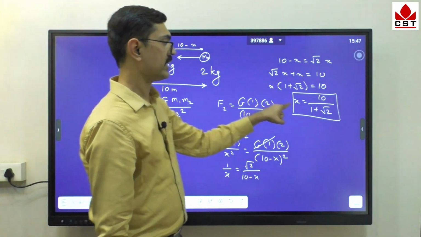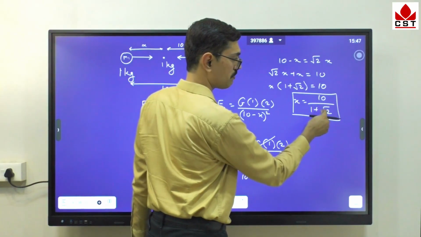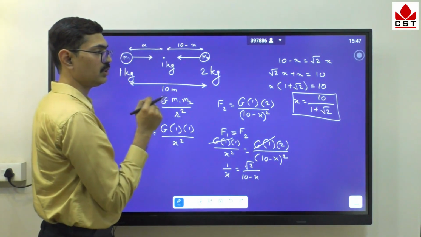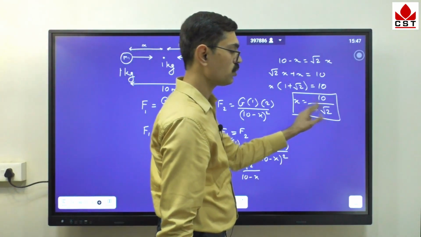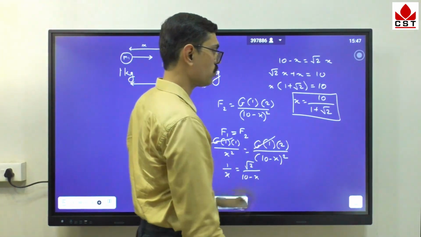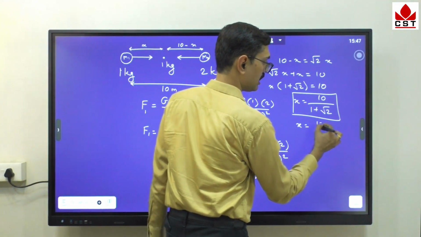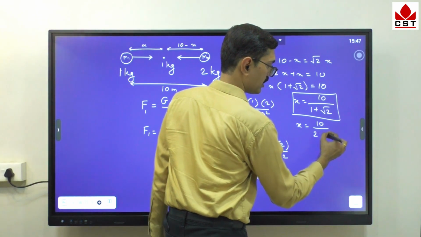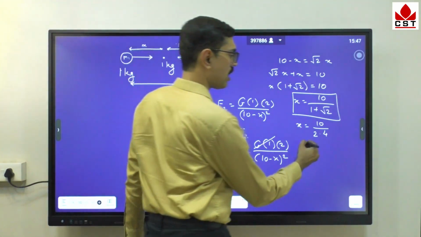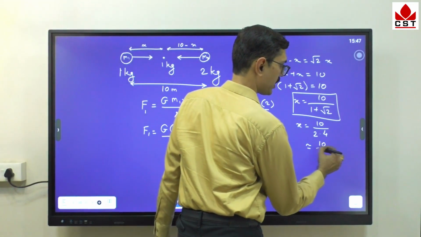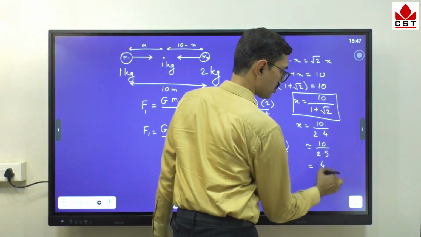So we have to calculate that distance x, and we will get that x is equal to 10 upon 1 plus root 2. If we know the value of root 2, we can approximate that equation. So root 2 is approximately 1.4. So 1.4 plus 1 is approximately 2.4. So 10 upon 2.4, let's take 2.4 as 2.5, and we will get approximately 4.